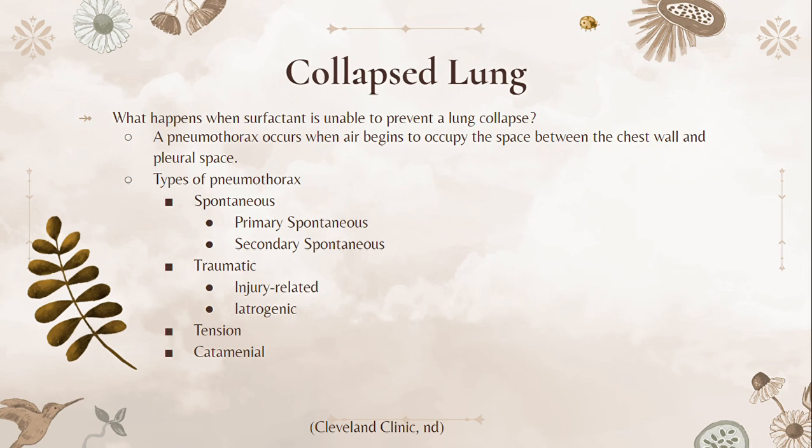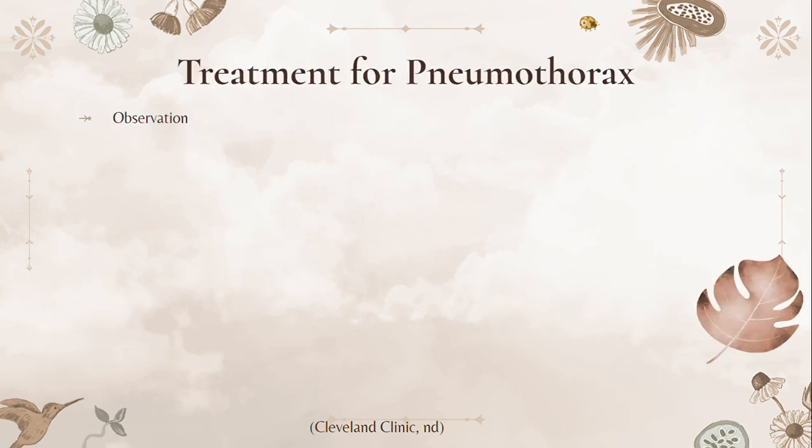Now, there are several treatments for pneumothorax. The first one is observation. This is typically going to be a go-to when pneumothoraxes are very mild, and you just check in with your doctor. Oxygen therapy is another treatment. Thoracentesis is a great treatment. This happens when a needle is inserted between the ribs, on whichever side the pneumothorax is located.